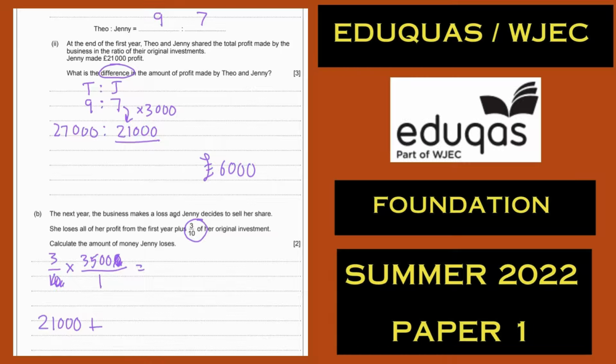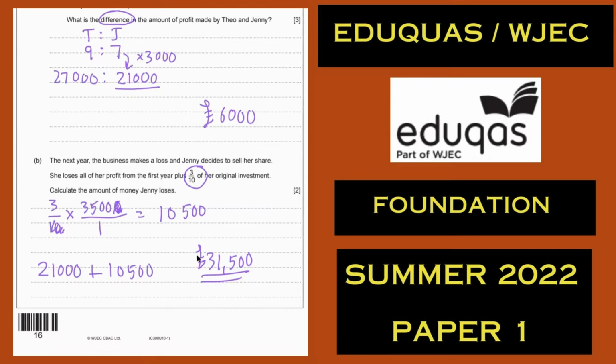So you could do repeated addition, you could do normal column multiplication, do whatever you want as long as you get 10,500, which you add on, because that's her total loss. 21 grand plus 10 grand is 31 grand. But don't forget the 500. That's unfortunately her total loss.